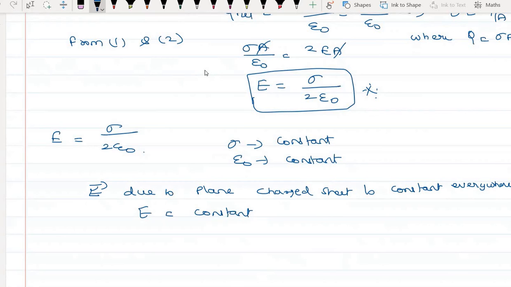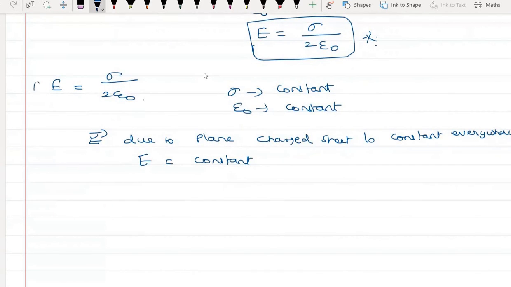The first point. The second point in this is, is it clear or no?